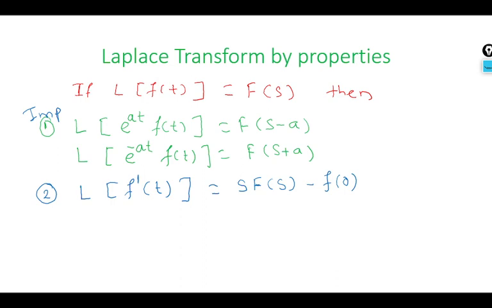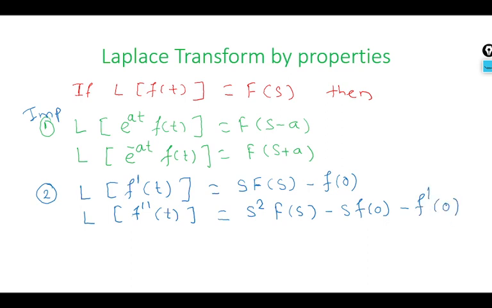You have to remember actually three formulas at the time of application also. So better you remember up to third order derivative. Laplace of f dash of t is sF(s) minus f of 0. Laplace of f double dash of t is s square F(s) minus s f of 0 minus f dash of 0.